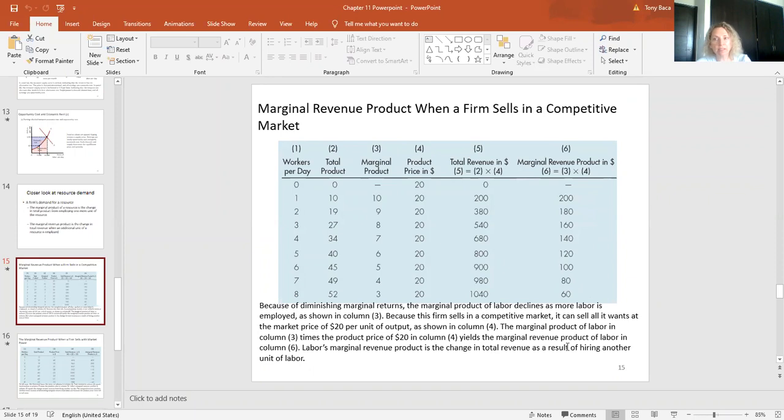Now, the next thing we're going to have to do, and we're going to do it, is figure out how much that resource is costing us so that we can compare how much that resource brings in versus how much that resource actually takes out or costs us in terms of expenses. But you can see that if you're looking at this marginal revenue product and you know that it costs you $100 a day to employ each of these workers, you know you don't want worker 7 or 8 because they're only bringing in $80 or $60.